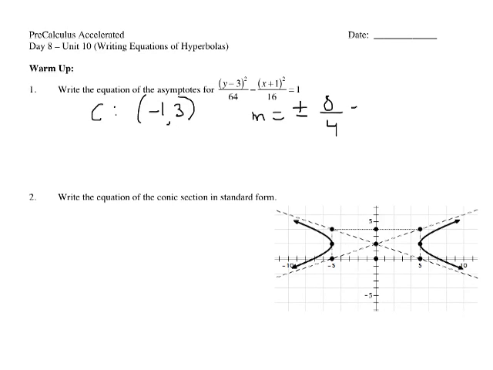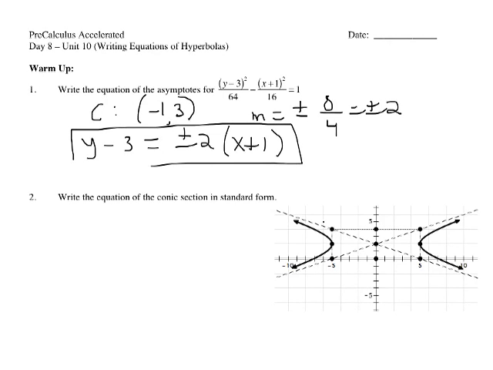So 8/4, which is plus or minus 2. So I would get y minus 3 equals plus or minus 2 times x plus 1. And those would be the equations of the asymptotes.